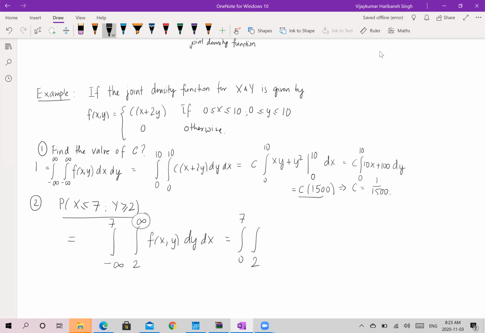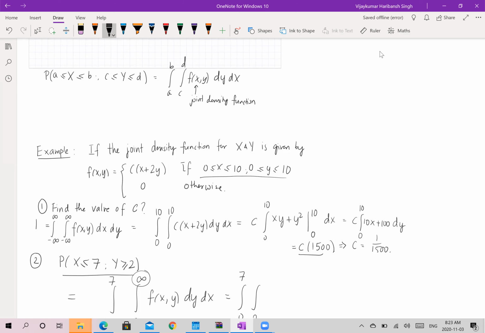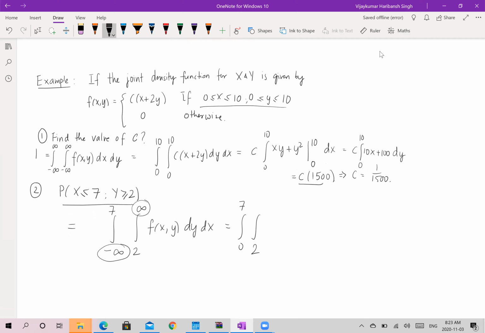Your x is non-zero only in 0 to 10, and y is non-zero only from 0 to 10. So you have 2 to 10 of 1 by 1500 times x plus 2y dy dx, and the calculation will show you that this turns out to be 868 over 1500.